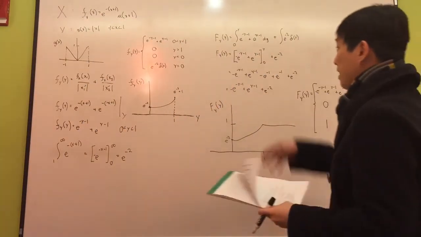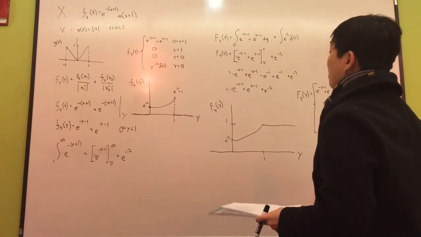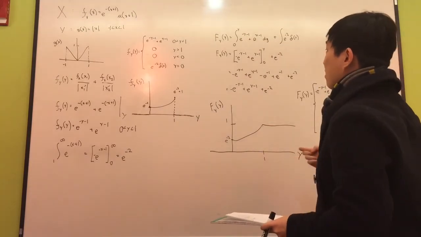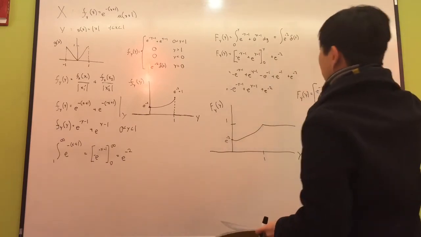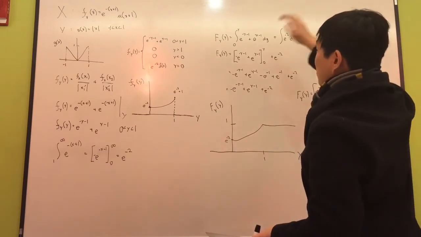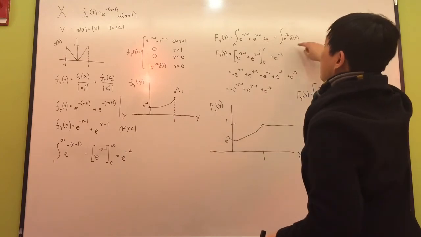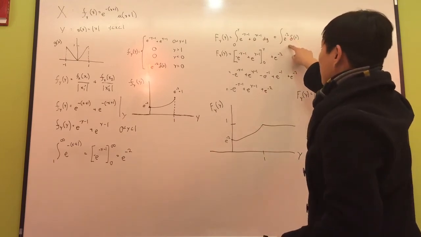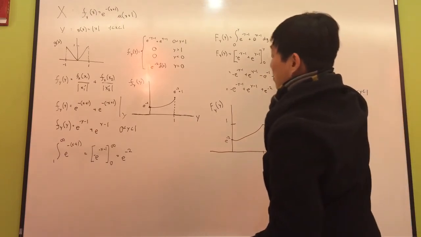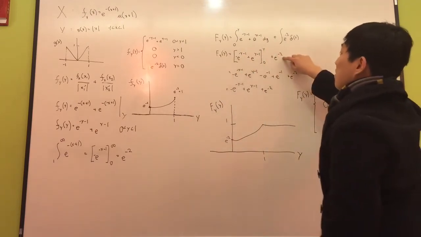In order to find big F of y, we simply take the integral of small f of y from 0 to y. When we do that, we also have to remember to take into account the impulse function. So we have to take the area of the impulse function. Thankfully we already know that area. That's simply e to the negative 2.